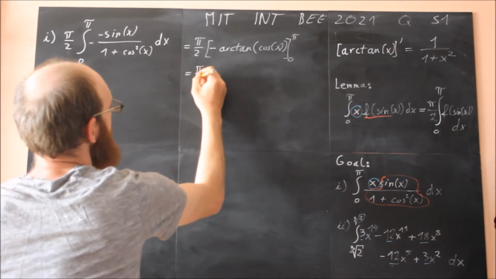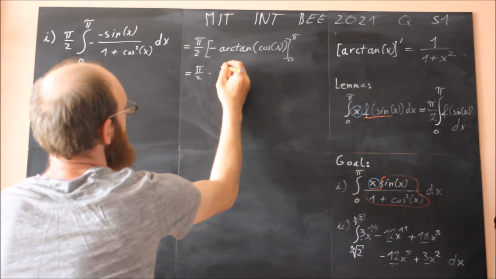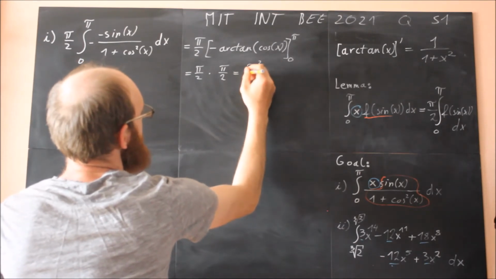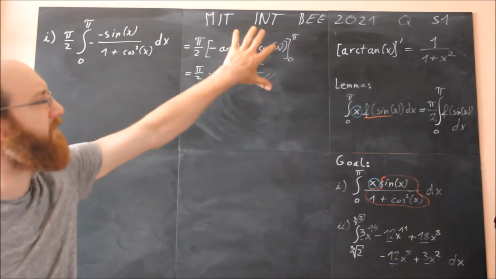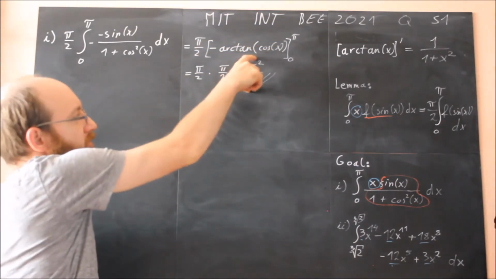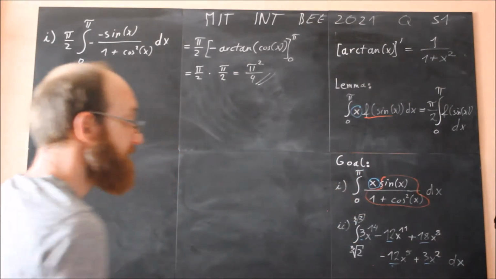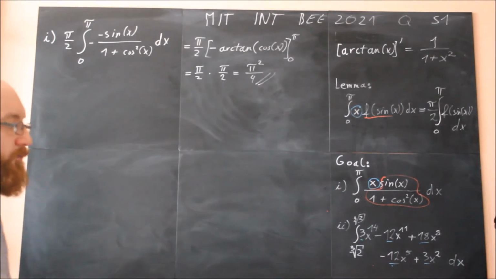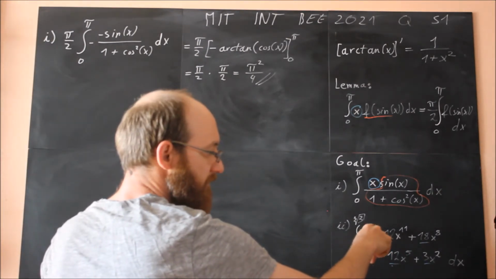The pi over 2 stays here, and this part gets also pi over 2, so final result pi squared over 4. Alright? So the last details, I leave that for you, it's not so difficult, and the result is pi squared over 4.